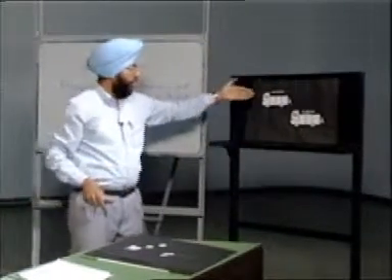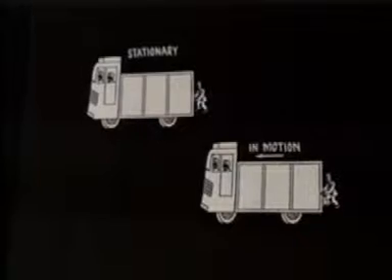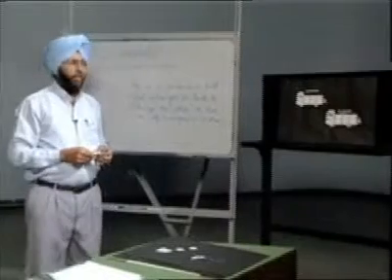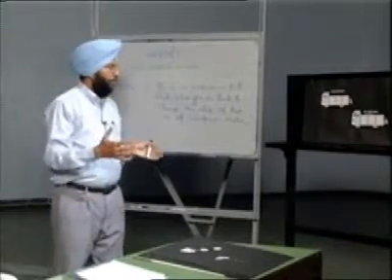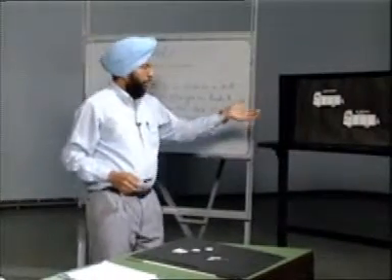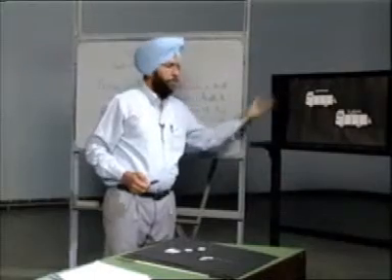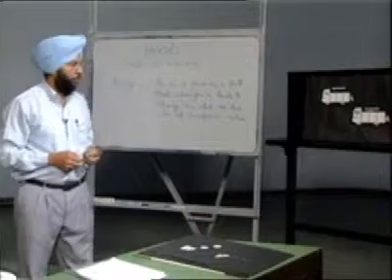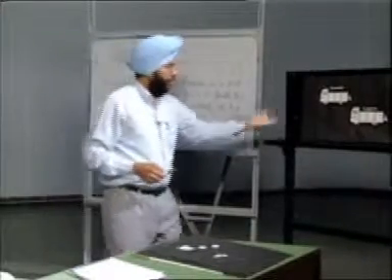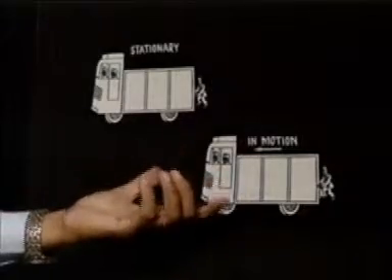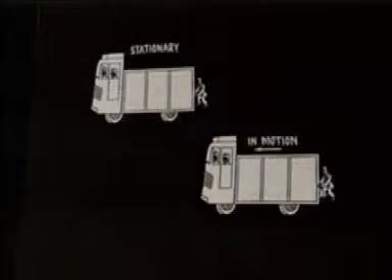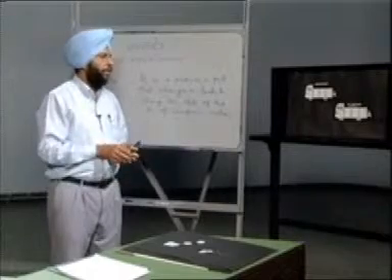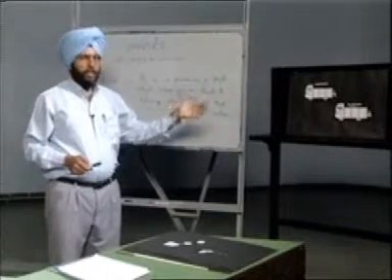Here we have a truck, a bigger object. Truck is stationary at rest. We push it from behind to try to move it, but in general we are not successful. Here we have a truck that is already running. We pull it from behind or we may push it from front, it may not stop in general.